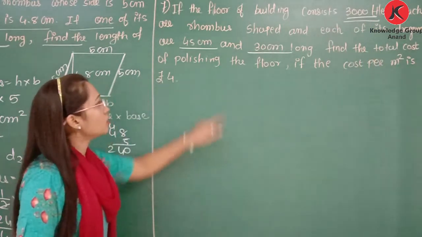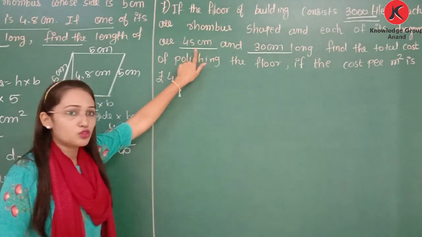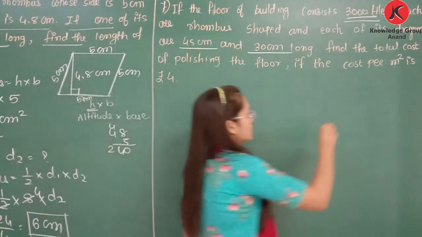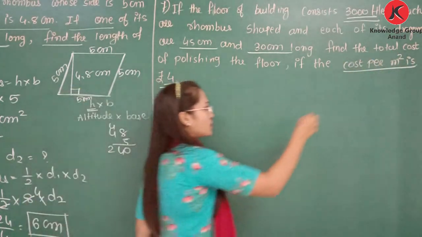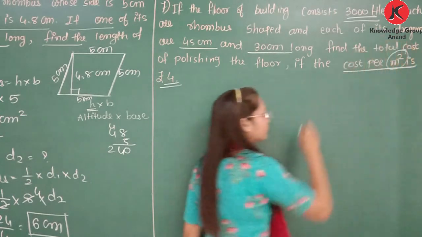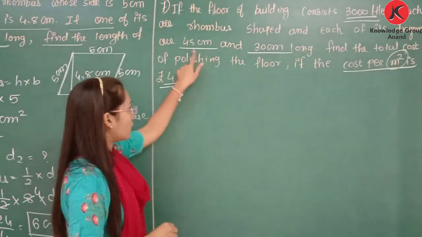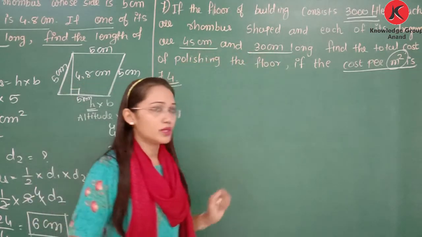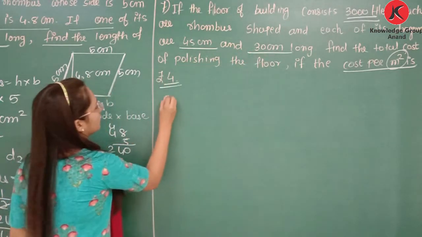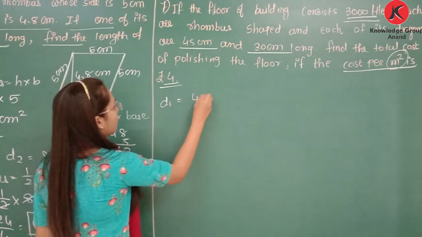So first of all we will convert the centimeter into meter. Why? Because you can see that cost per meter square is ₹4. The question is about the meter square. Okay. So first we convert this 45 centimeter into meter and 30 centimeter into meter. So diagonal 1 is 45 centimeter.